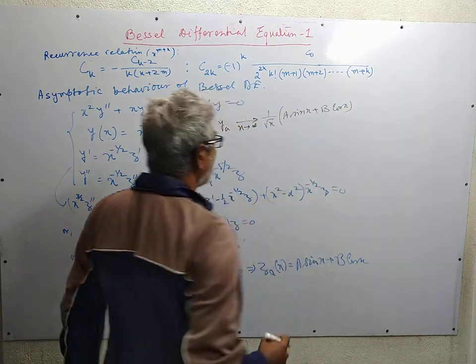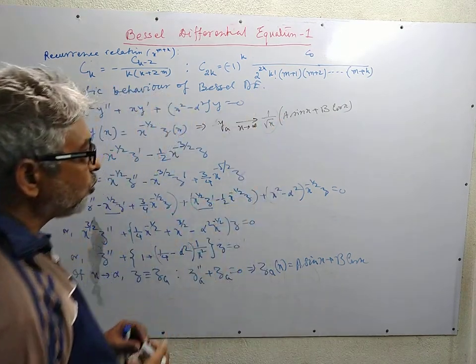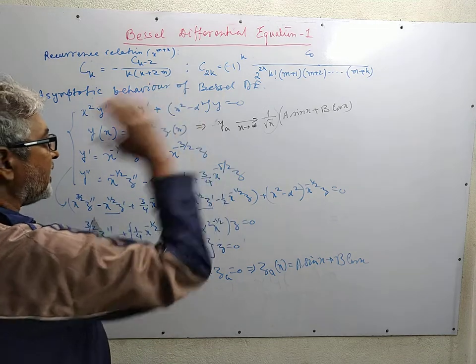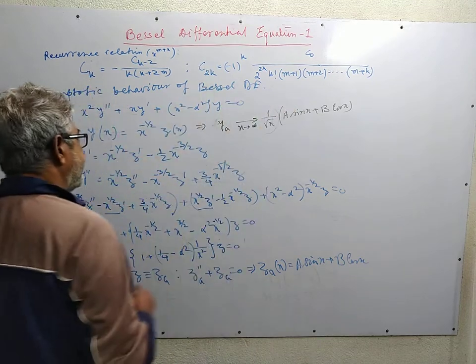They are periodic oscillatory functions and are being damped by this factor. So we see that asymptotically the Bessel function dies to 0 with a damped oscillatory behavior.